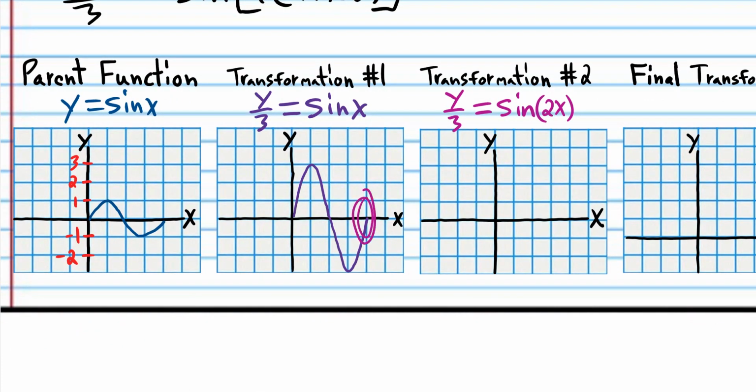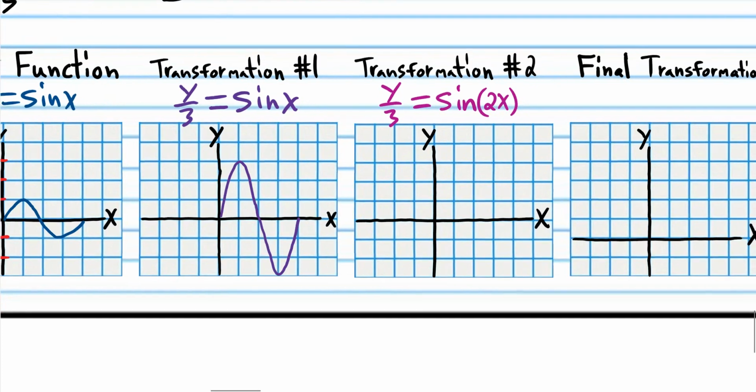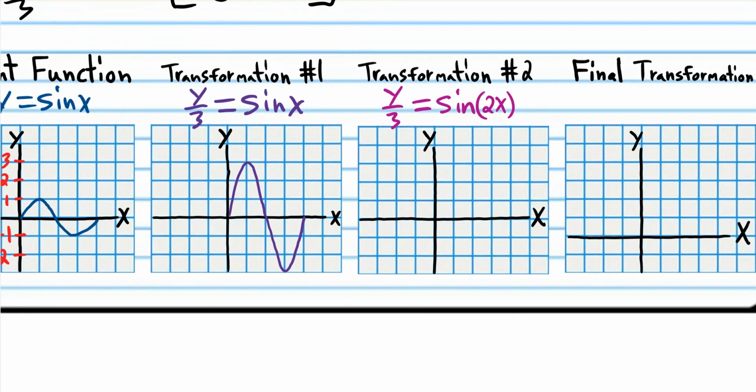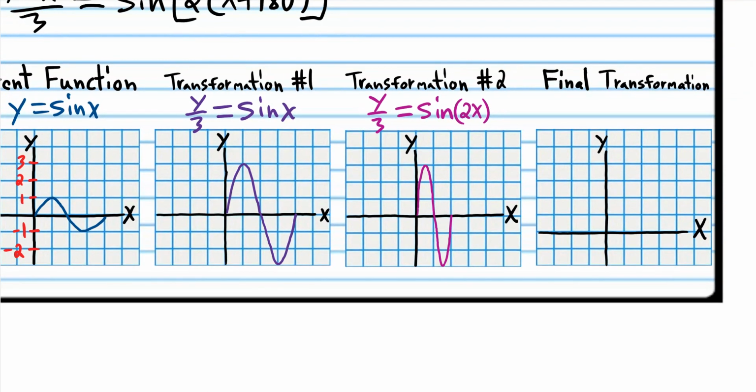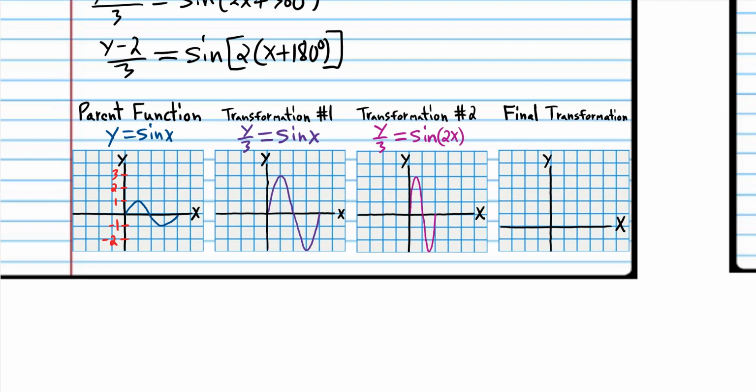So if the period of this previous graph is 360, then the new period is going to be 180 degrees. So instead of reaching the maximum height at 90 degrees, we're going to reach the maximum height at 45 degrees, and then cross at 90, and then reach the minimum depth at 135 degrees, and then we're going to go back to the x-axis at 180 degrees. So you can see that that horizontally compressed the graph.